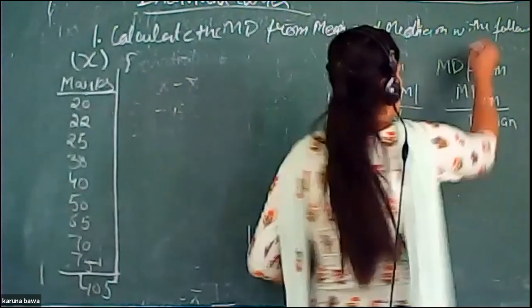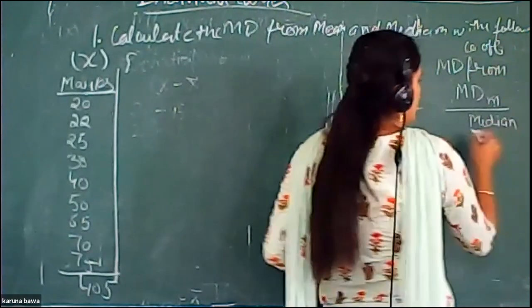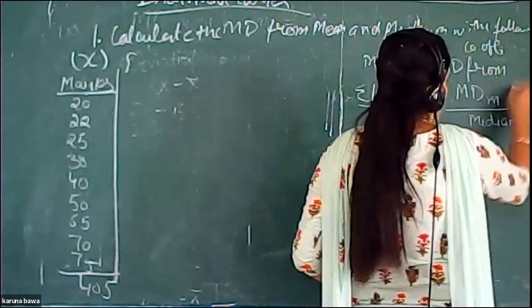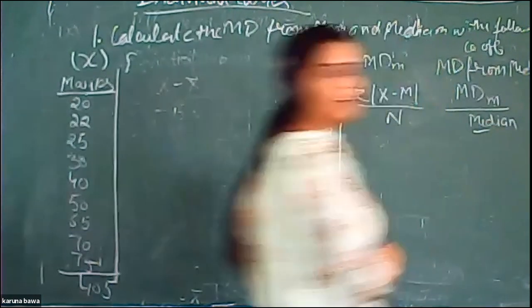This is the formula, and the coefficient is the mean deviation from median divided with the median value.